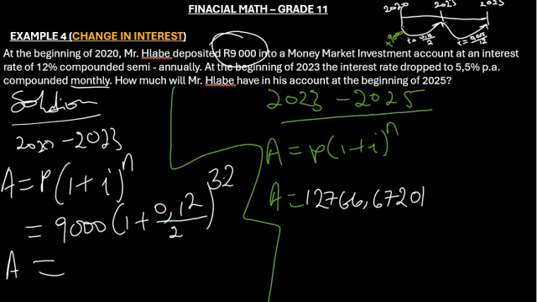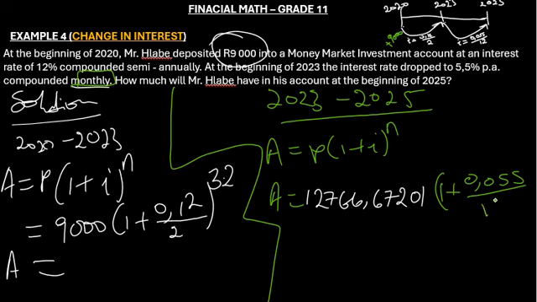You have seen that I took this money from here and put it here. So 1 plus i, now after these years, the interest rate from 2023 to 2025 dropped to 5.5%, which is the same as 0.055, all divided by 12 since it's monthly.